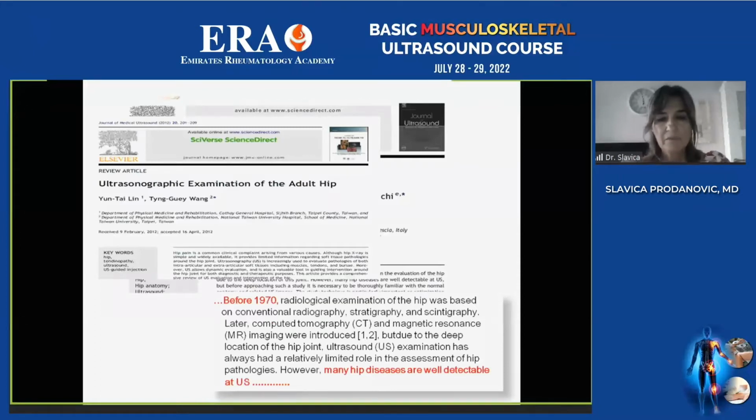But after ultrasound was introduced in our rheumatology practice, the results of many clinical studies suggest that many hip diseases can be detected by ultrasound. But always keep in mind that this method has relative limitations due to the deep location of the hip.